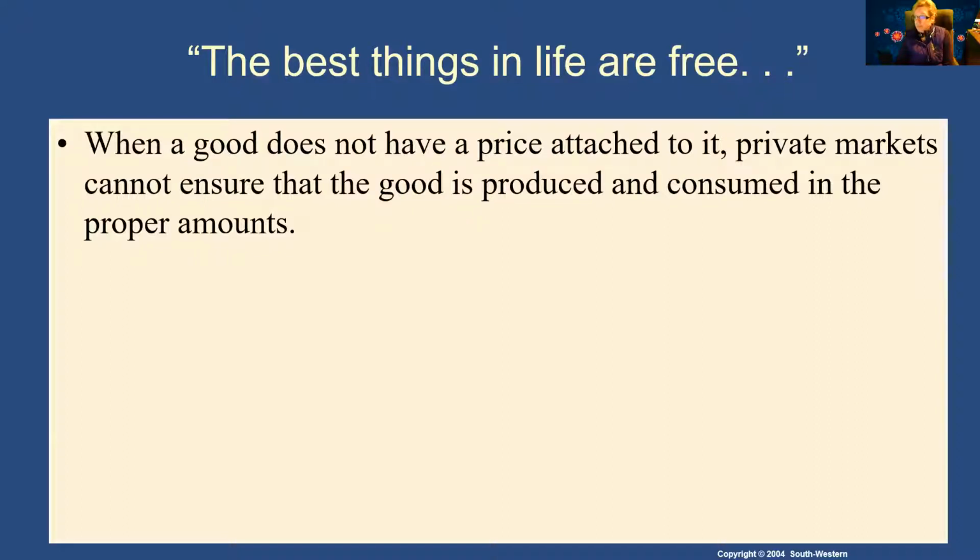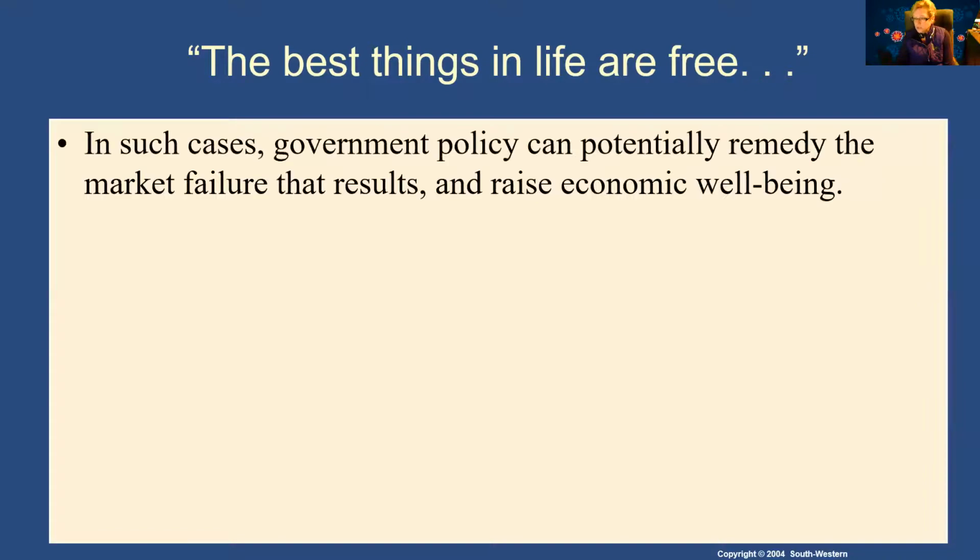So private markets cannot ensure that the good is produced or consumed in the proper amount. Some people might consume more than others, and they're not actually paying for it. So what does the government do? The government comes in to remedy this market failure. These particular products that we're talking about are a market failure.